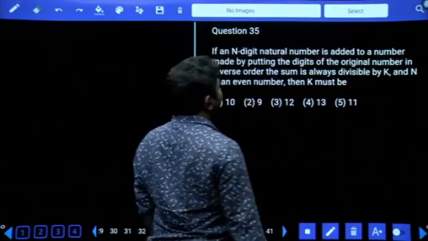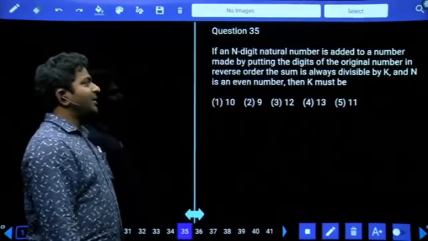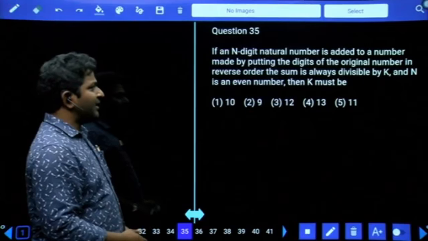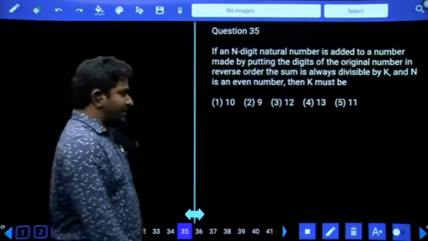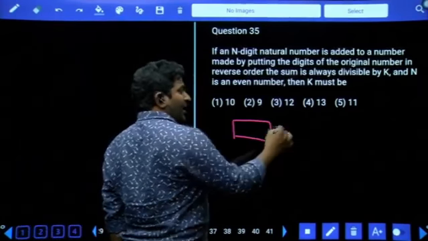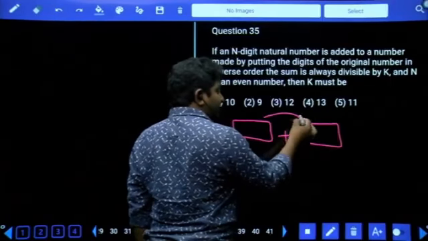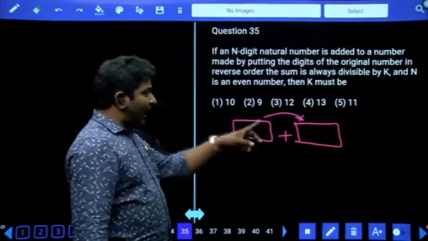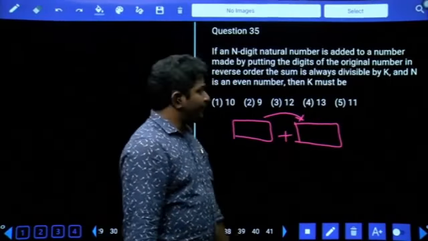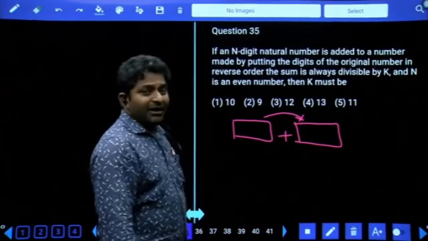If an n-digit natural number is added to a number made by putting the digits of the original number in reverse order, that means there is an original number here and now we are interchanging the digits. Now when you add both the numbers, the sum is always divisible by k and n is an even number.